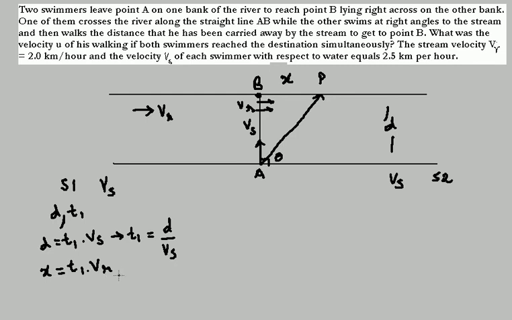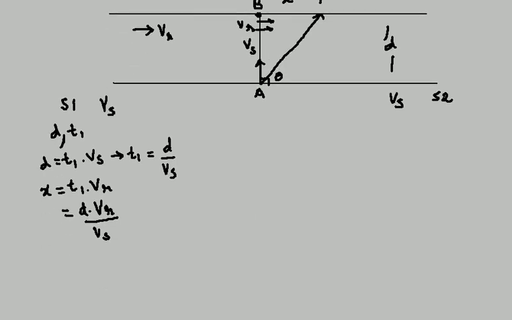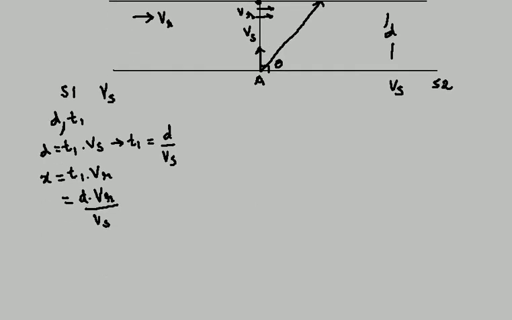If I substitute t1 in this, I get x equal to d into Vr by the velocity of the swimmer, Vs. This has been done in order to establish the relationship between the time and the distance x in terms of known values. Okay, so you will get to know why we did that.